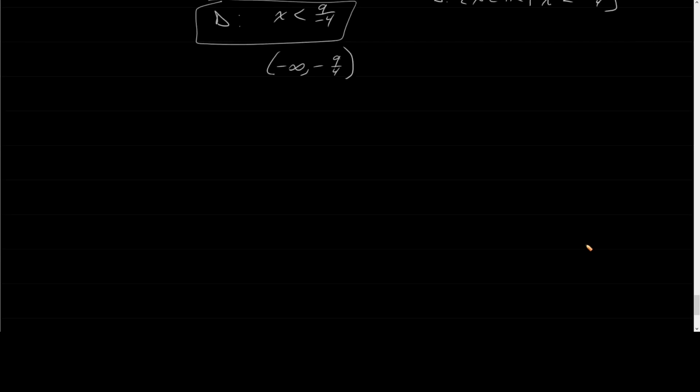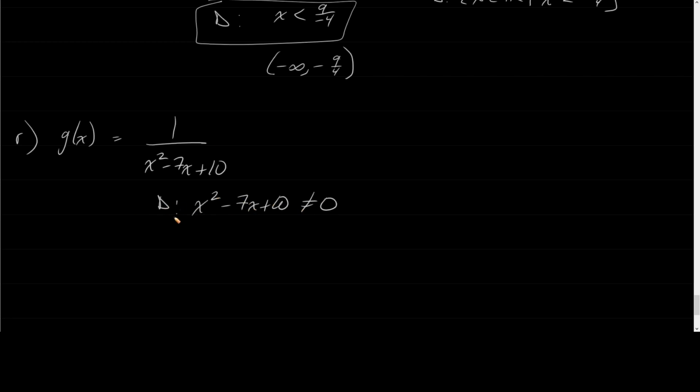Let's do one more. Let's say that I had some function g of x that was 1 over x squared minus 7x plus 10. Here we've got a fraction, and what do we know about fractions? The denominator cannot be equal to 0, so x squared minus 7x plus 10 cannot be equal to 0. That's our domain.